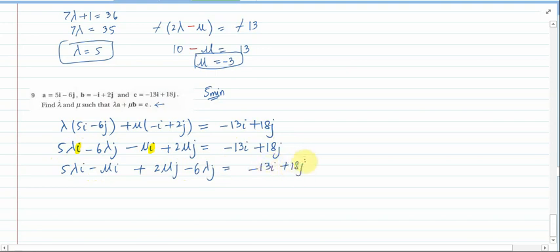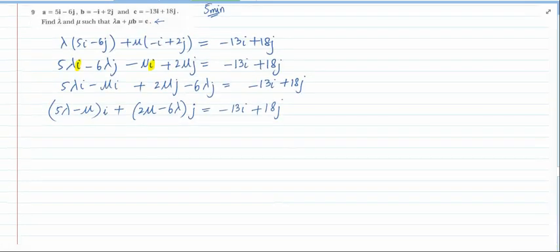Taking common here, that will be 5 lambda minus mu, and common is i. Similarly 2 mu minus 6 lambda, common is j here, is equal to minus 13i plus 18j. Alright, now we need to compare the coefficients, which we had done previously as well.